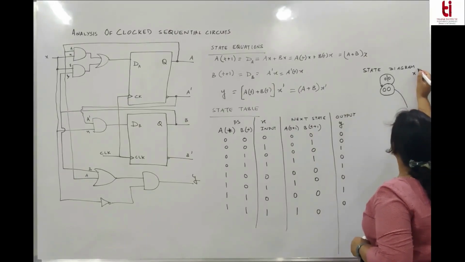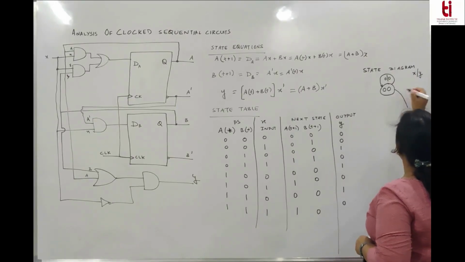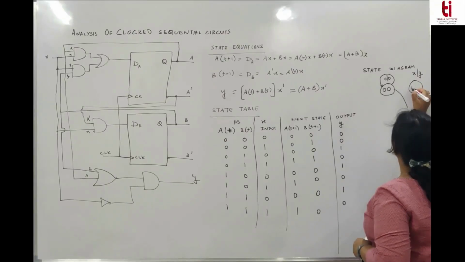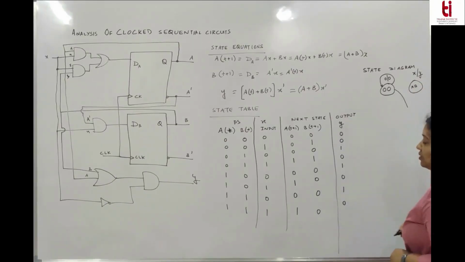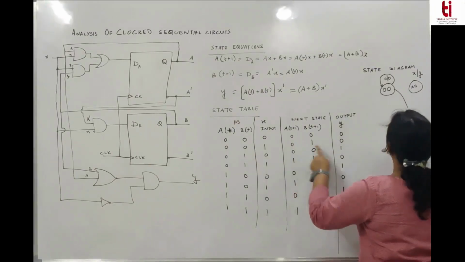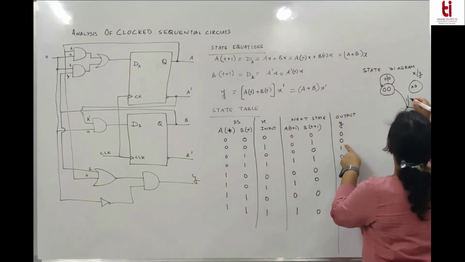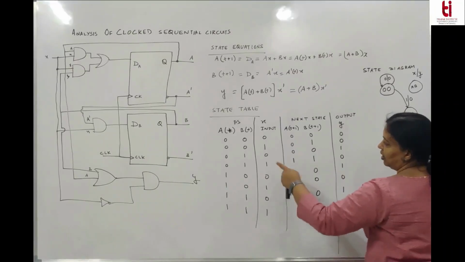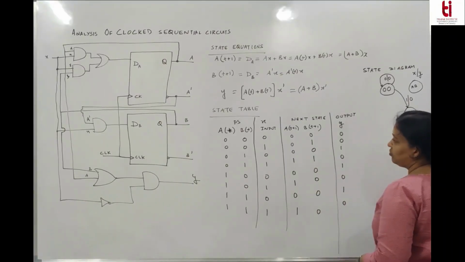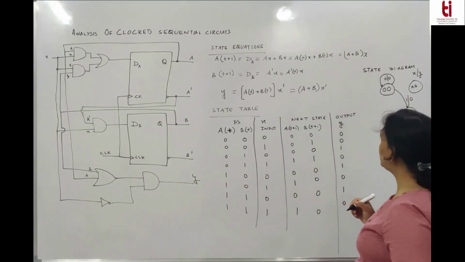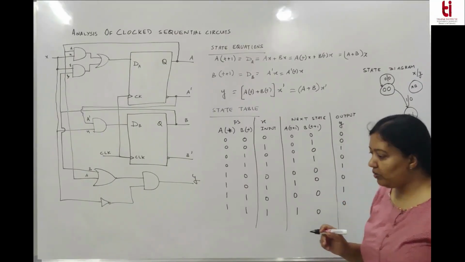The label is X/Y, and within the circle is the state. Then when X is 1, it goes to state 0, 1, and the output is 0. I can make another state table which will be a reduced one, but how will it appear?